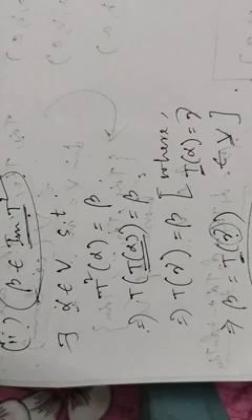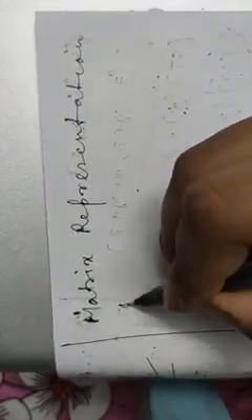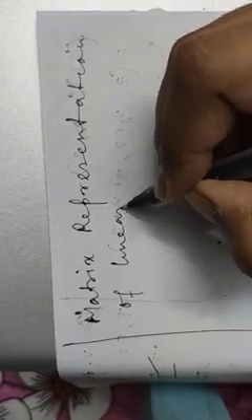That means whenever a linear mapping is given, how will we get its corresponding matrix? So we are starting with an example, okay? Then it will be clear.